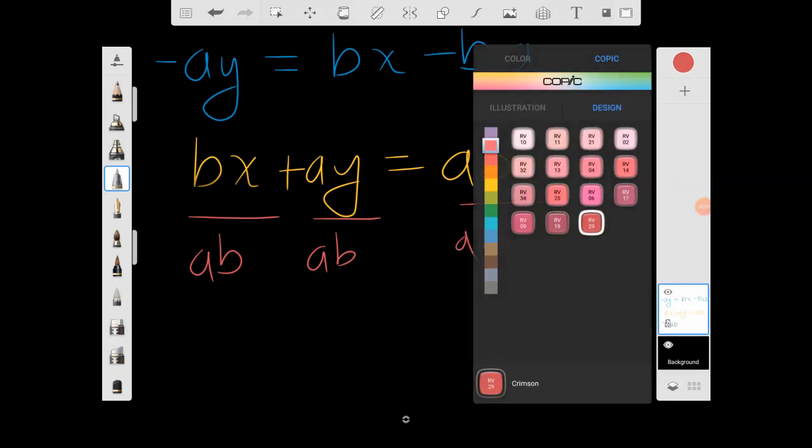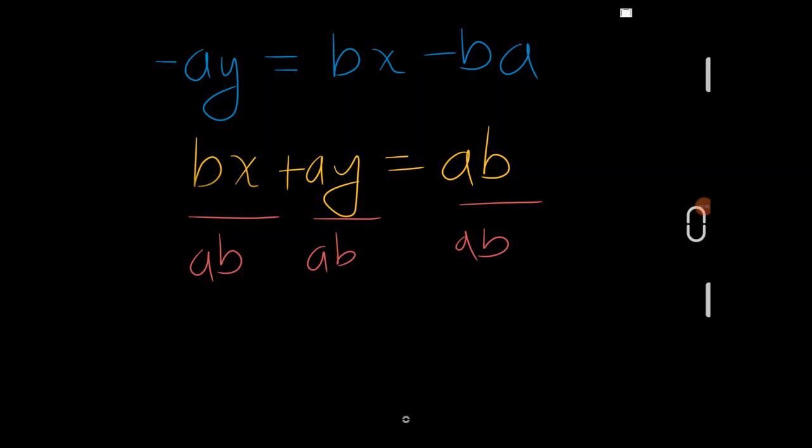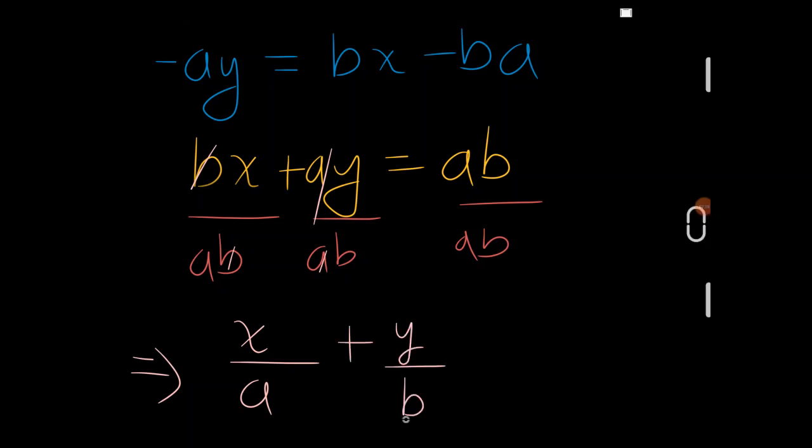So what do I get? bx divided by ab, b and b get cancelled. What you get is x divided by a, then ay divided by ab, a and a get cancelled, it will be plus y divided by b, then ab by ab, ab gets cancelled, you get 1.